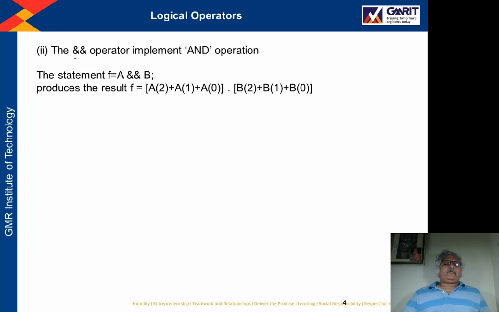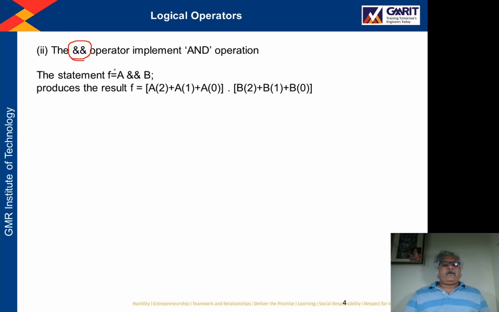Now this double ampersand: if you are having a single ampersand, then that is the bitwise operator, and if you are having the double ampersand symbol, this is an example of a logical operator. So it implements the AND operation.